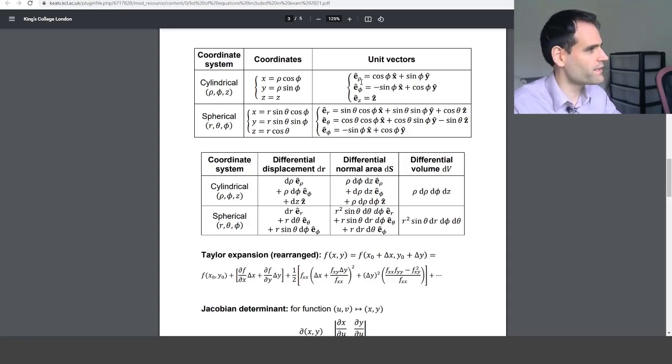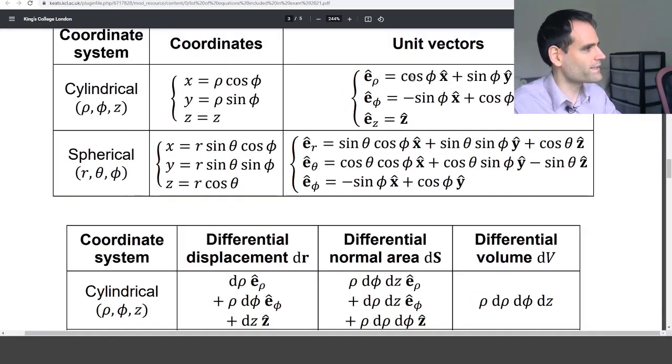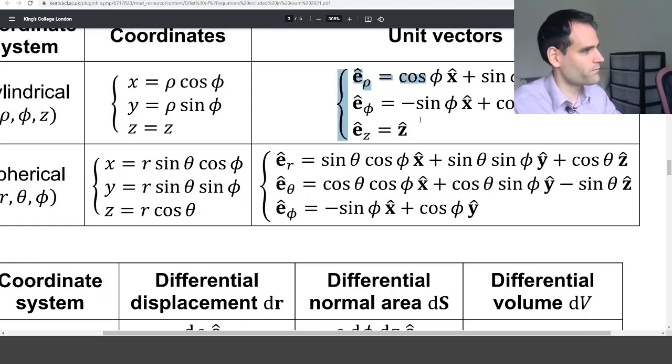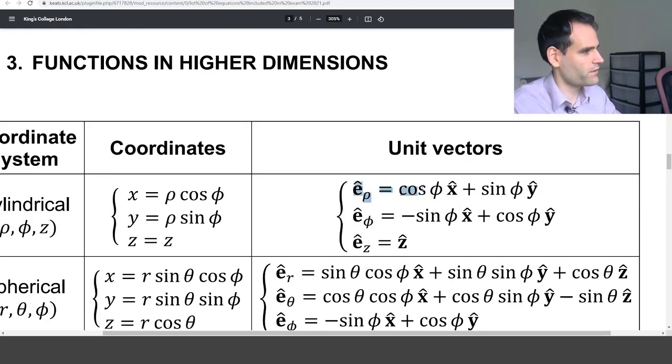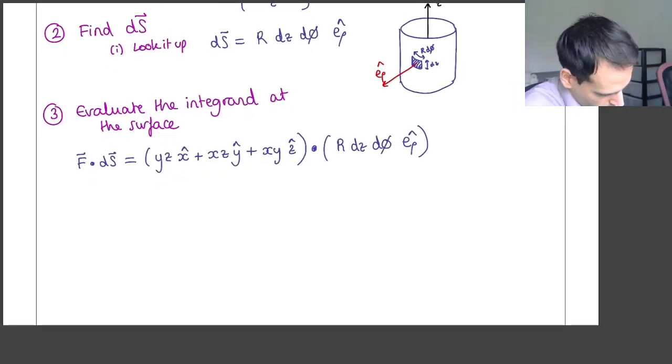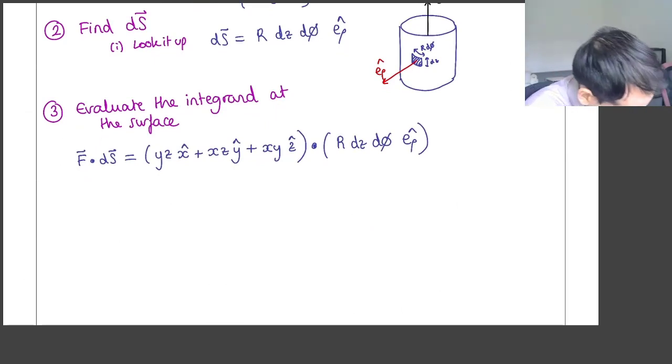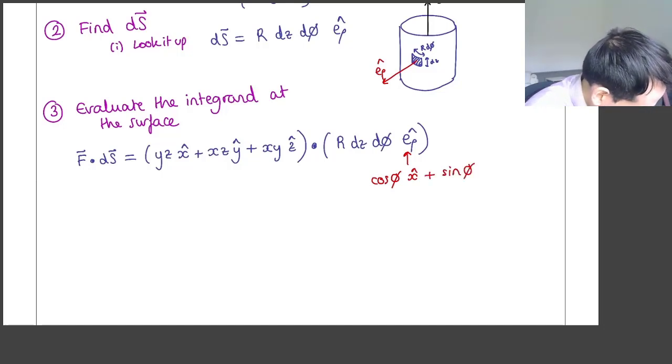So now we are interested in e rho hat, which is this one here. So e rho hat is cosine φ x hat plus sine φ y hat.